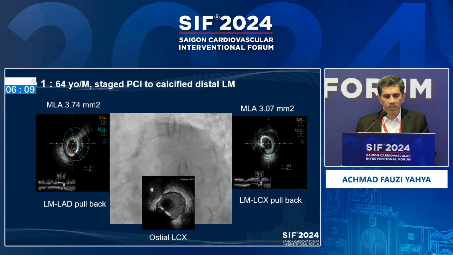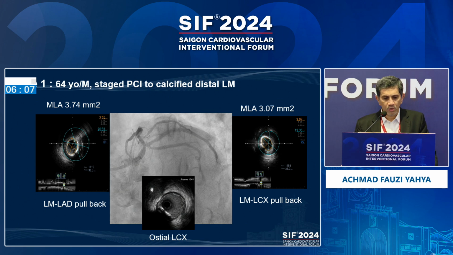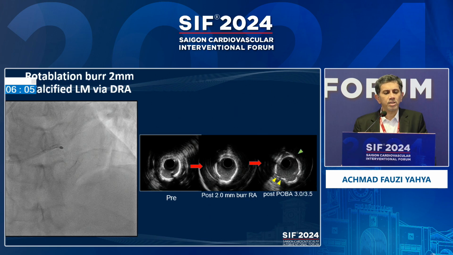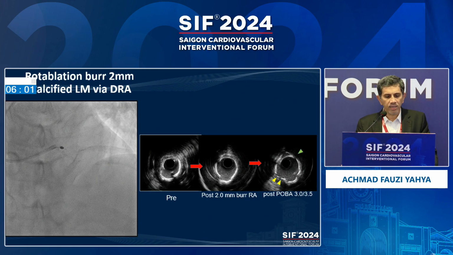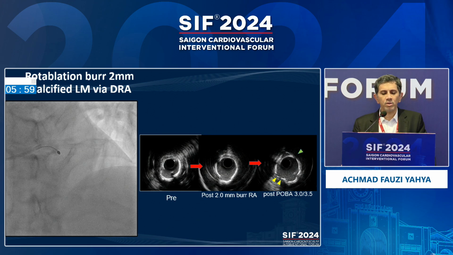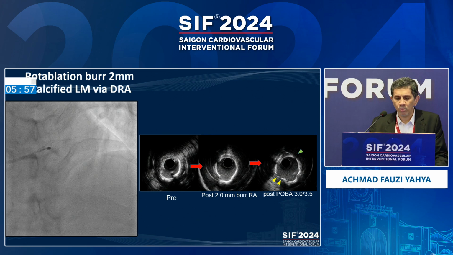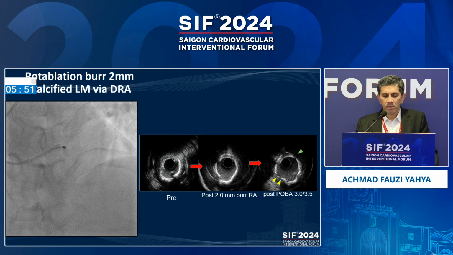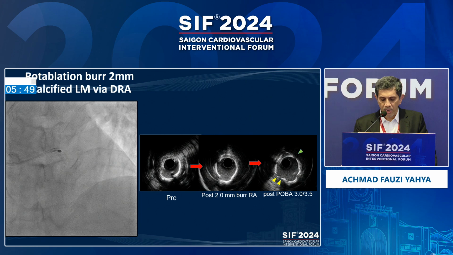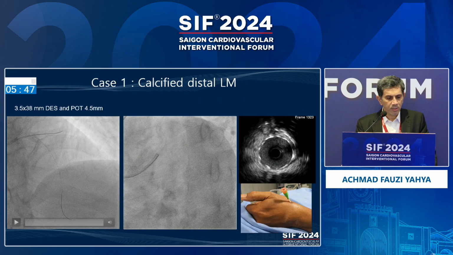Based on this IVUS finding, we used a 2 millimeter burr, and after burring, we used balloon dilatation until 3.5, and it showed the crack, and afterward we put in the stent.